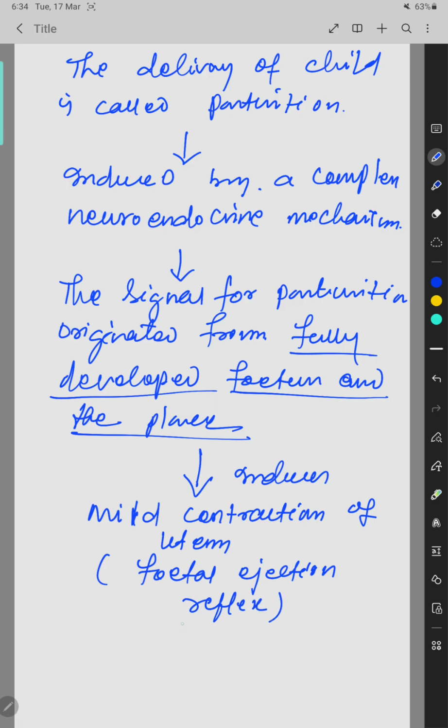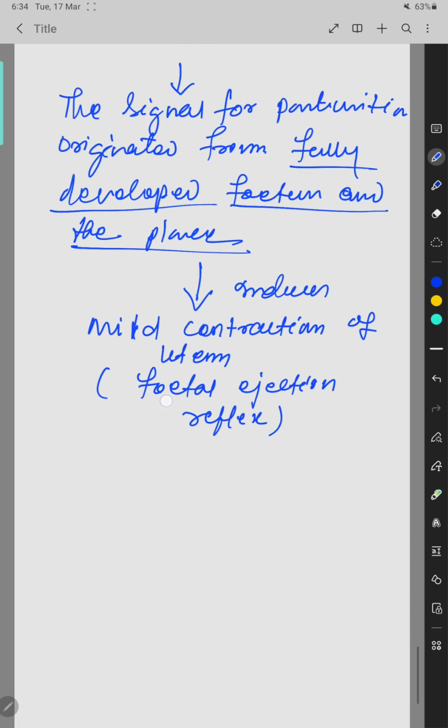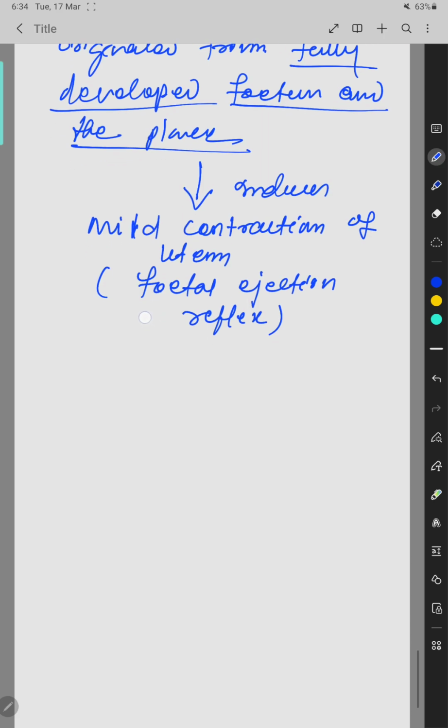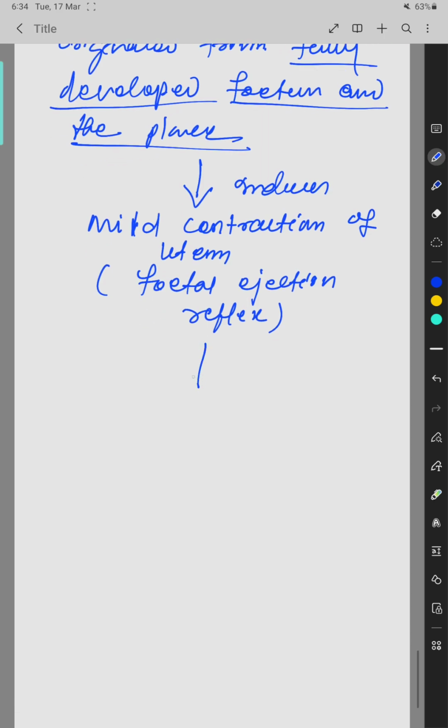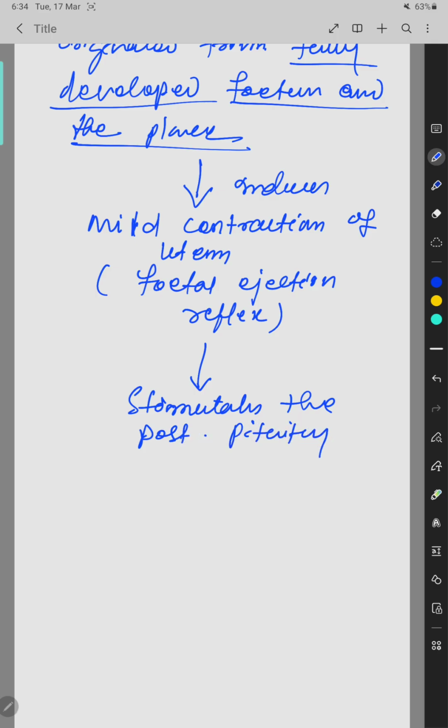Okay, and now this fetal ejection reflex stimulates the posterior pituitary to release oxytocin.